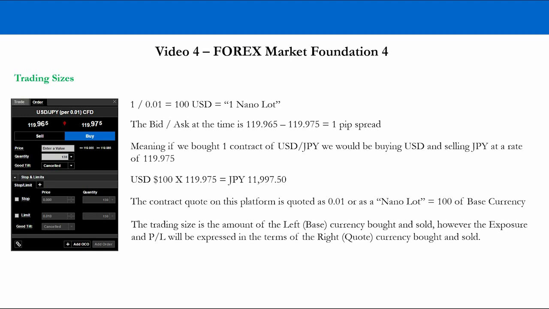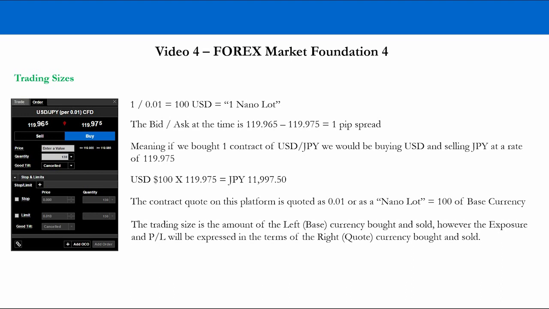The contract quote on the platform is quoted as 0.01 or as a nano lot, and this equals 100 of the base currency. So we know that if we work this out, $100 times 119.975 is equal to 11,997.5 yen. So again, the trading size is in the amount of the left currency, the base currency that's bought and sold. However, the exposure and P&L is expressed in terms of the right currency, the quote currency.